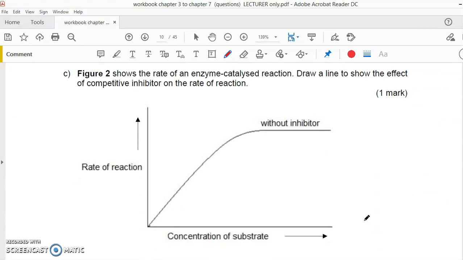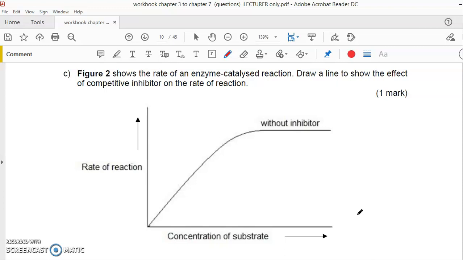So this is figure 2. It shows the rate of an enzyme-catalyzed reaction. So you need to draw a line to show the effect of a competitive inhibitor on the rate of reaction. Just now, the previous question showed non-competitive inhibition, involving inhibitors bound to the other site of an enzyme.